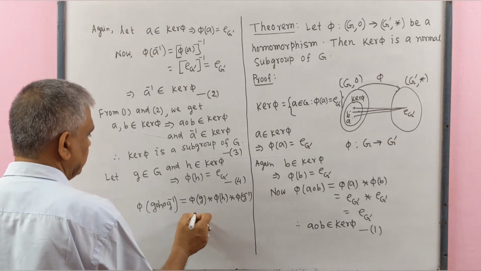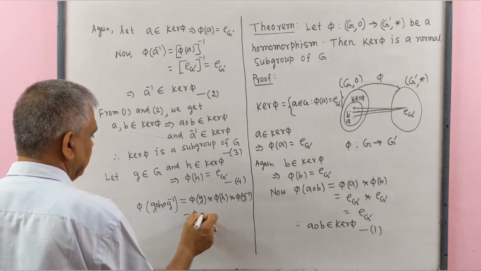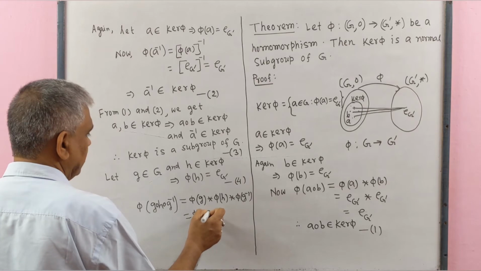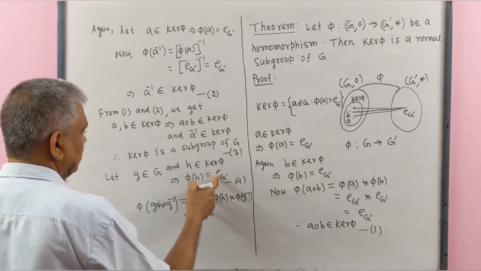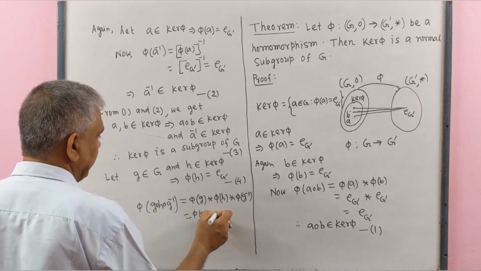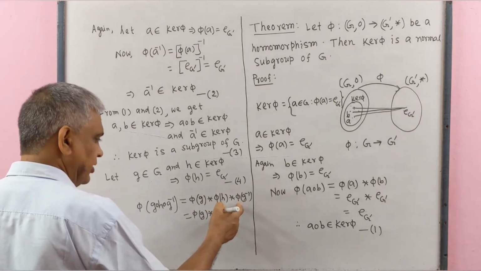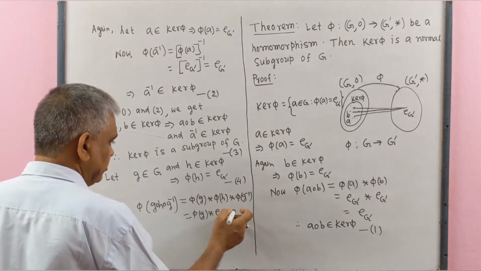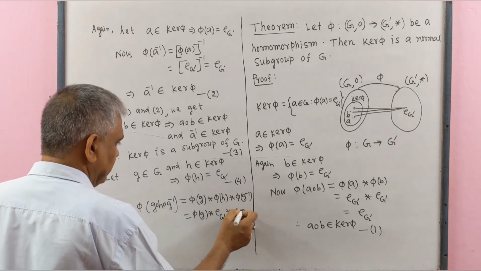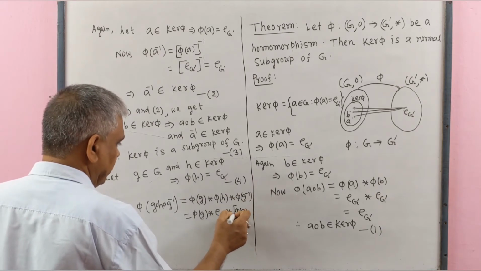And this equals phi(g) star phi(h), which is the identity element e_G', star phi(g inverse), since phi is a homomorphism, equals phi(g) whole inverse.